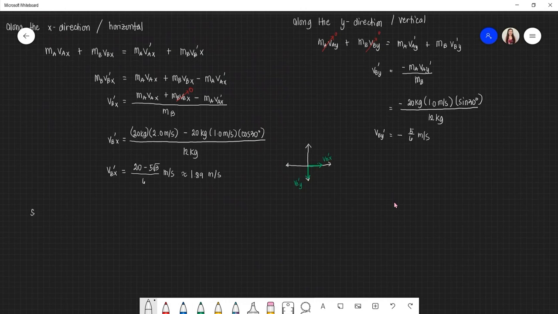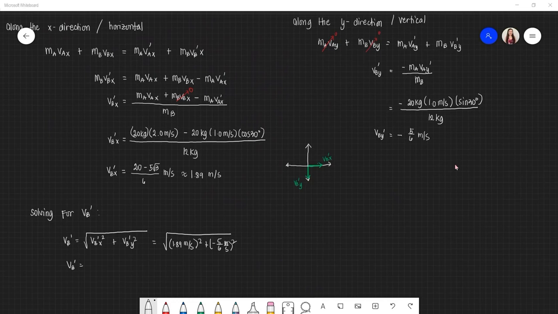So solving for VB prime, which is the resultant of VB prime X and VB prime Y, VB prime is equal to the square root of VB prime X squared plus VB prime Y squared. That is the square root of 1.89 meters per second quantity squared plus negative 5 over 6 meters per second quantity squared.